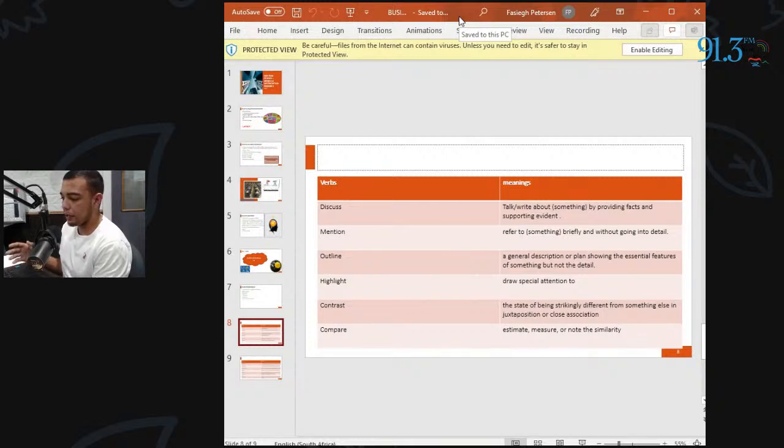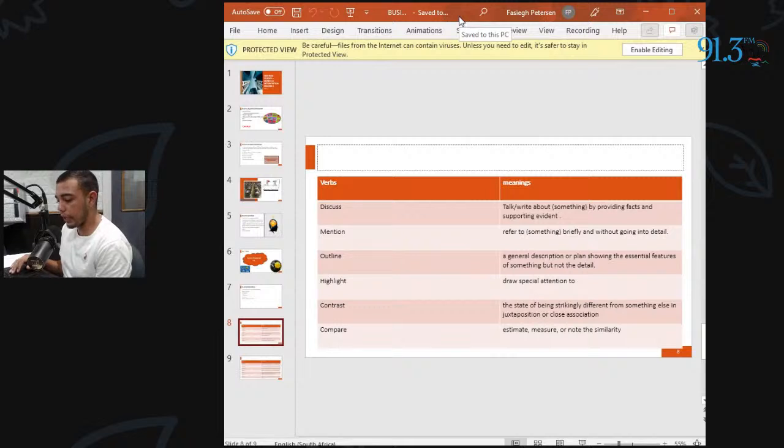Like mention, refer to something briefly without going into detail. Outline, a general description or plan showing the essential features of something but not the detail. Highlight, draw special attention to the specifics, or contrast. Contrast just means the difference as well as compare.